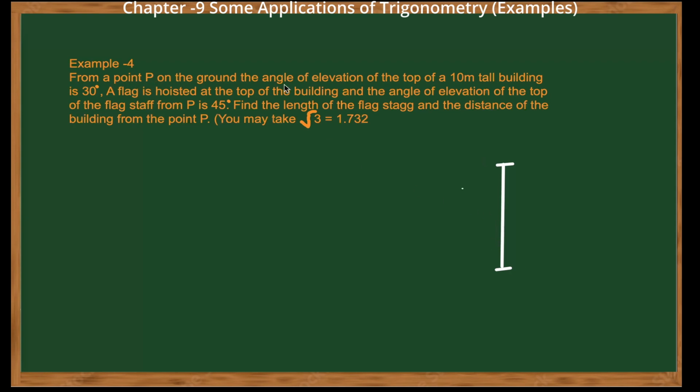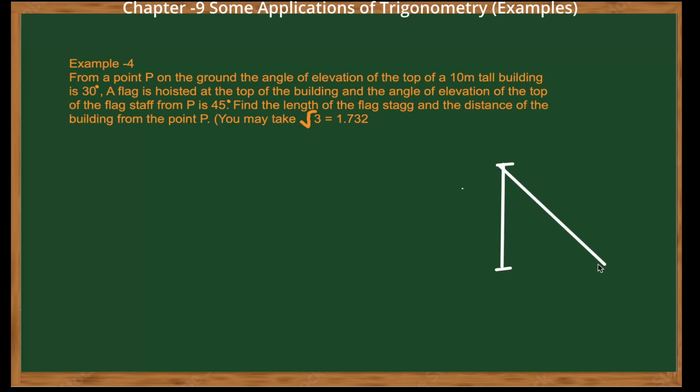From a point on the ground, the angle of elevation of the top forms from somewhere on the ground.